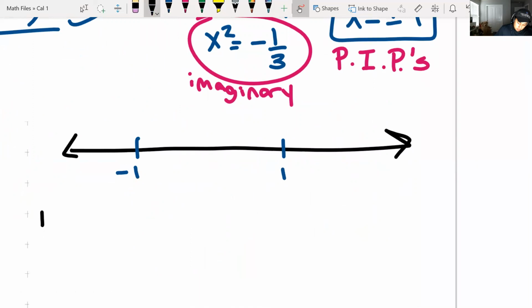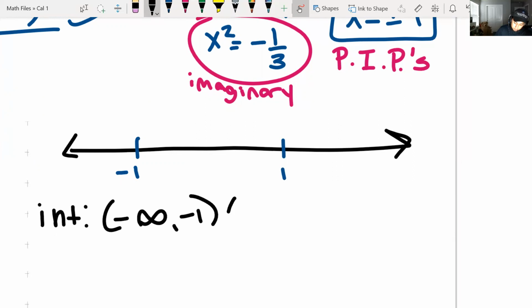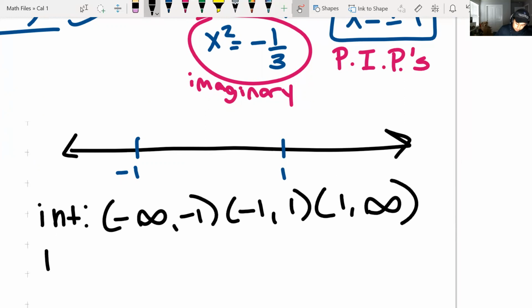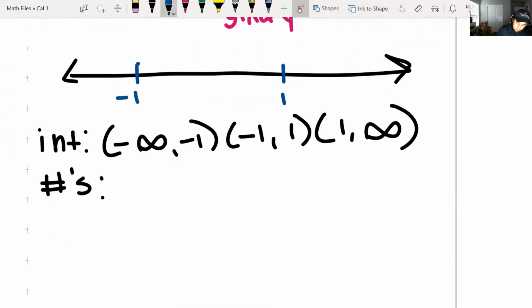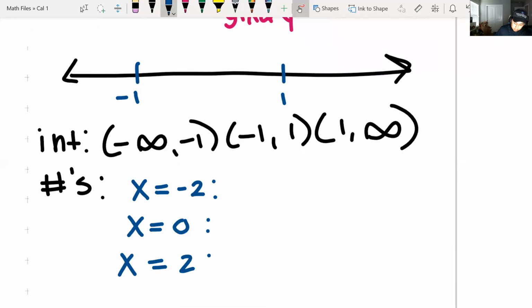Then my intervals are from -infinity to -1, -1 to 1, and 1 to infinity. Then my test numbers are x equals -2, x equals 0, and x equals 2.